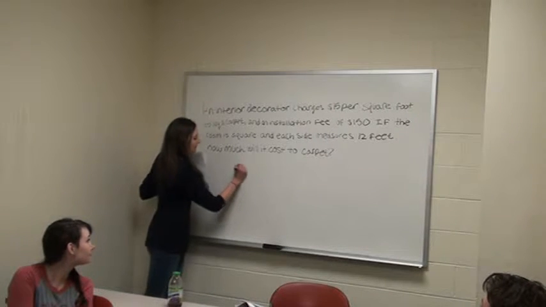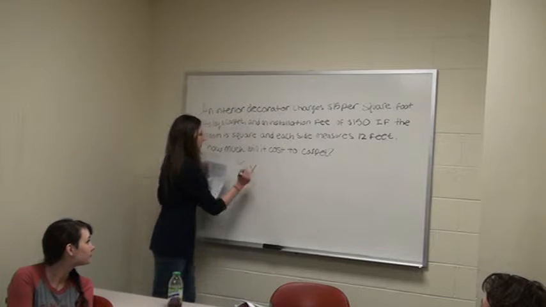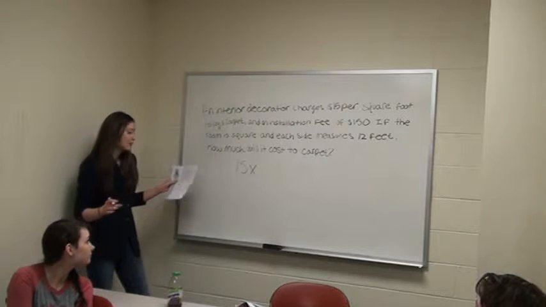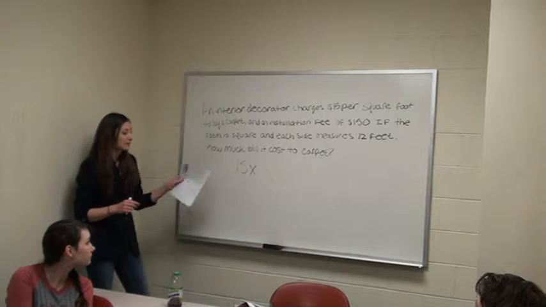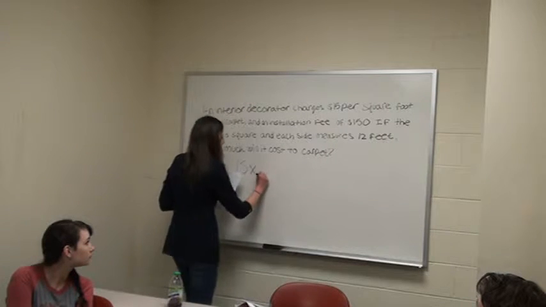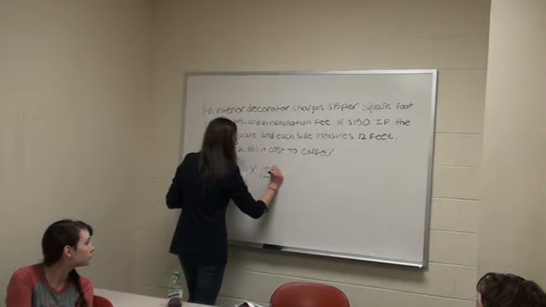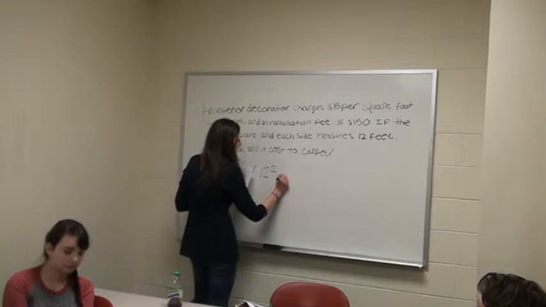So we're going to use 15. Now with the hint I just gave you, with the size of the room, 12 feet squared, what do you think the next number is going to be? 12 squared. Correct. 144. And then we're going to add 150. Good job.